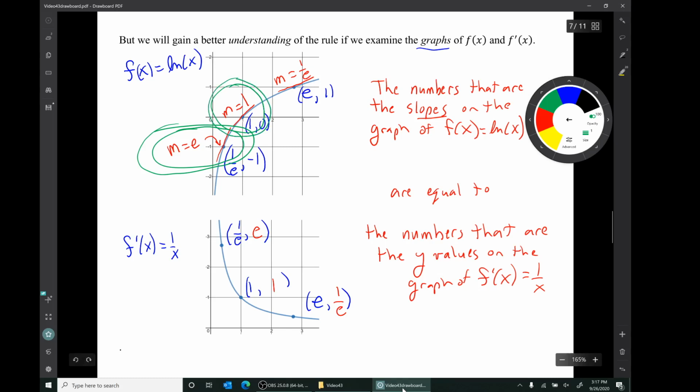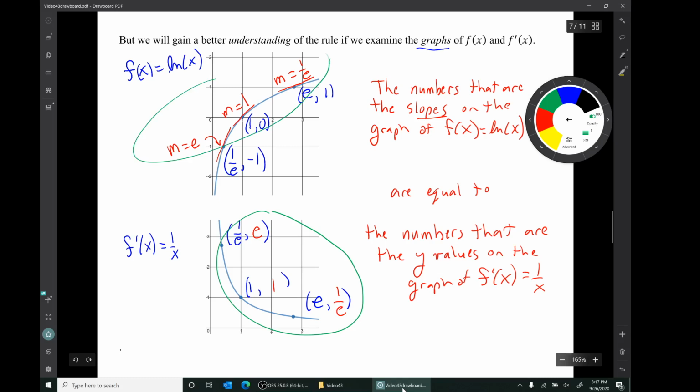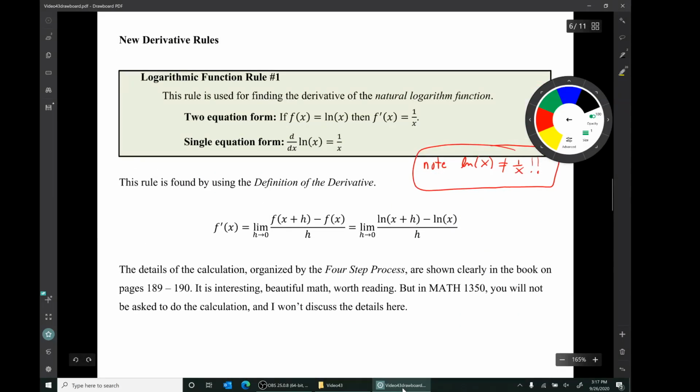And the slope of this tangent line is close to 1/3, so it's not as steep. So the relative sizes of these y values and the relative sizes of these slopes make sense. To reiterate, in terms of a graph, it is believable that the derivative of ln of x is 1 over x.